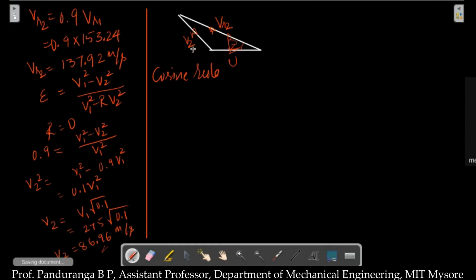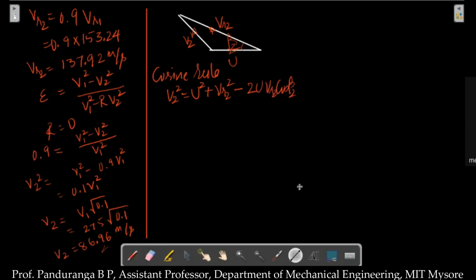So for beta 2, opposite side is V2. So I can write V2 square will be equal to U square plus VR2 square, that is the squares of the two adjacent sides for the angle, minus 2 times of U into VR2 cos beta 2. So this is the cosine rule.